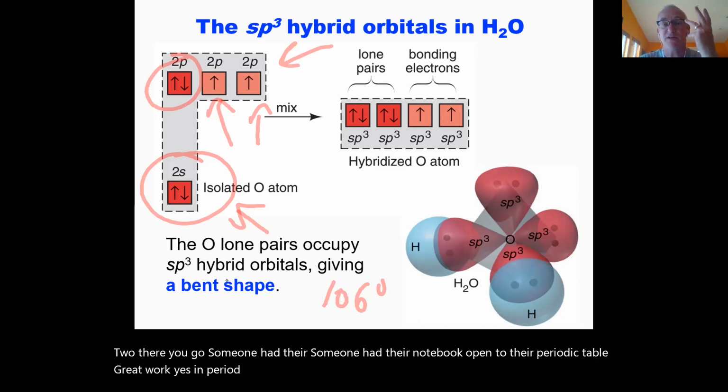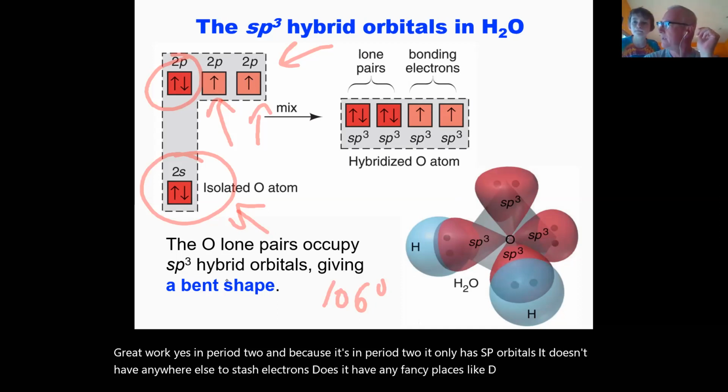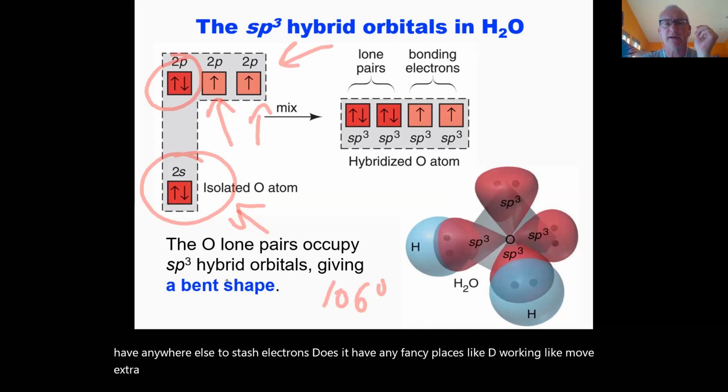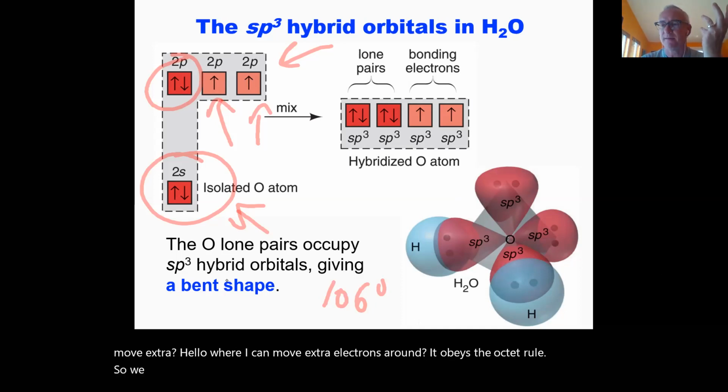And because it's in period 2, it only has s and p orbitals. That's it. It doesn't have anywhere else to stash electrons. It doesn't have any fancy places like d where it can move extra electrons around. It obeys the octet rule. So we need to make space for that octet.